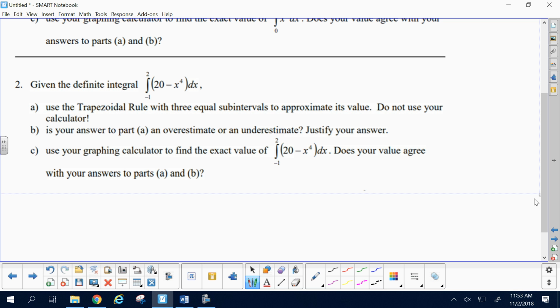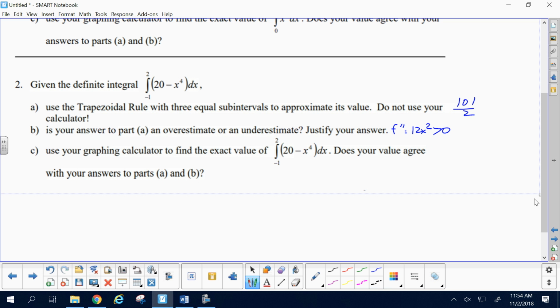All right. So use the trapezoidal rule with 3 subintervals to approximate the value. I have for number 2, 101 over 2. How does that grab you? Okay. For over or underestimate, I would need the second derivative. I got that the second derivative was 12x squared, which is always greater than or equal to 0, at 0.